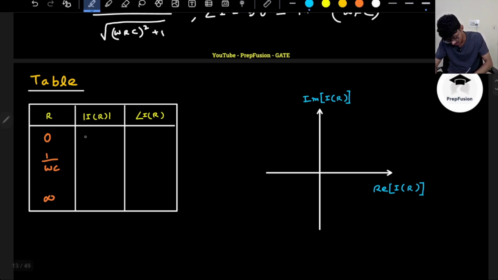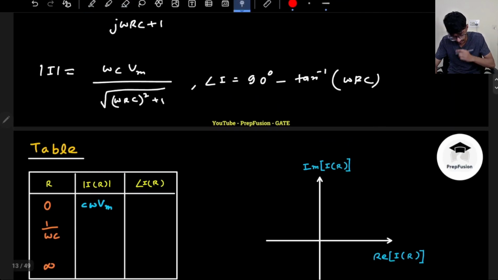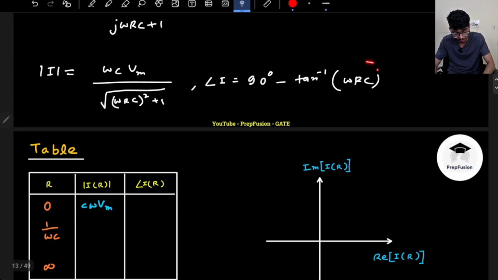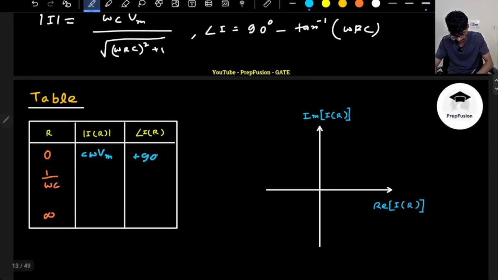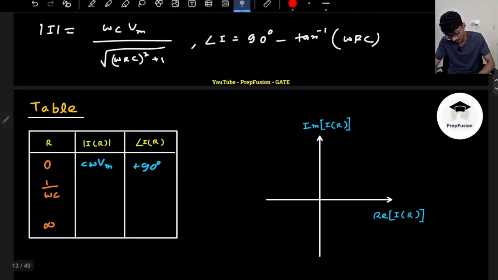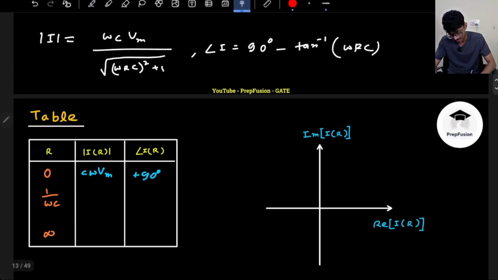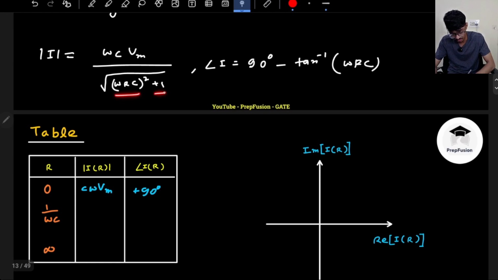So it will be omega c into Vm. And at r equal to 0, how much is the phase? Phase is plus 90. So these things are not different, it is same as the previous case only, but now things will change. Now if I put r equals to 1 by omega c, this is 1, this is plus 1.